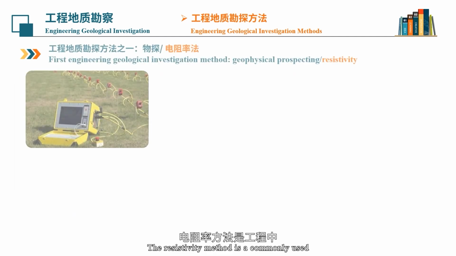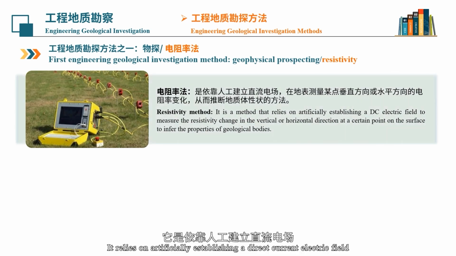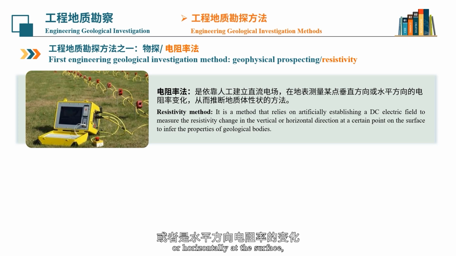The resistivity method is a commonly used geophysical technique in engineering. It relies on artificially establishing a direct current electric field to measure variations in resistivity either vertically or horizontally at the surface, thereby inferring the properties of geological formations.